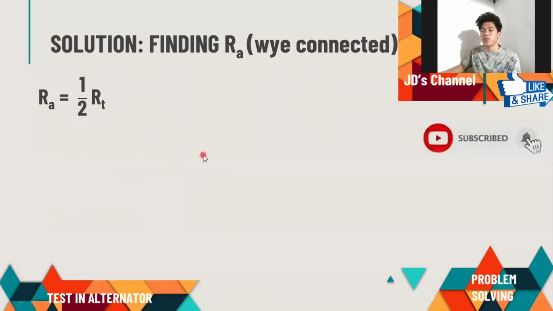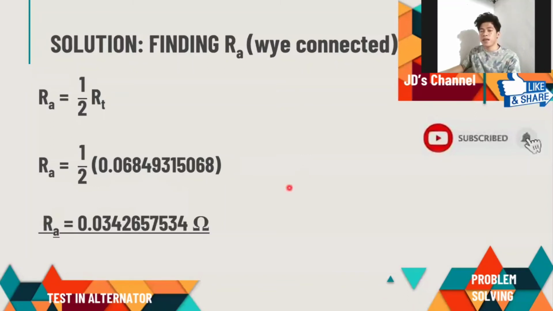Substitute the value of RT, that is 1/2 of 0.0684931508. So the answer would be, the value of RA at Y connected is 0.0342465754 ohms.